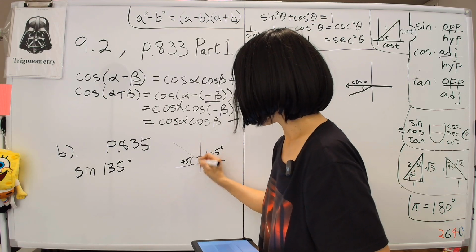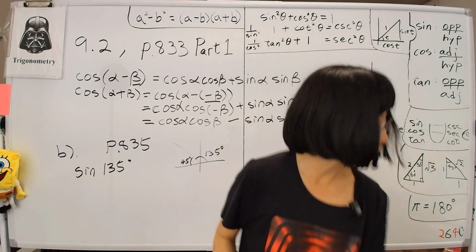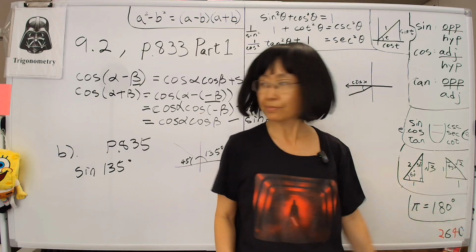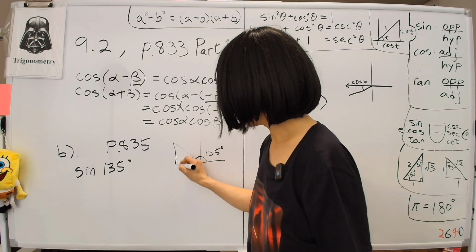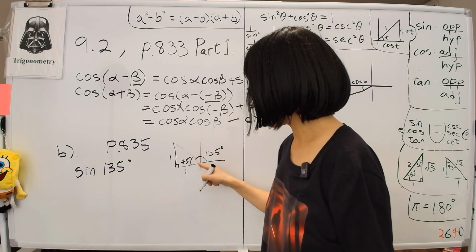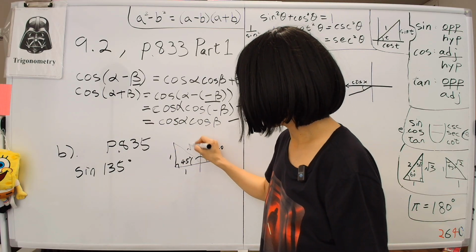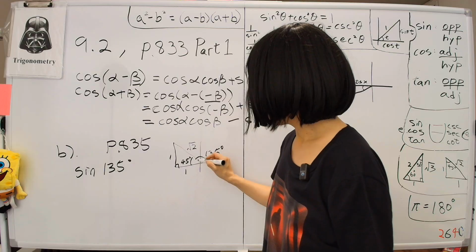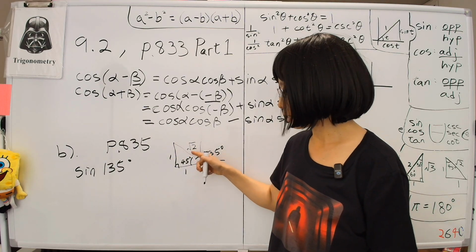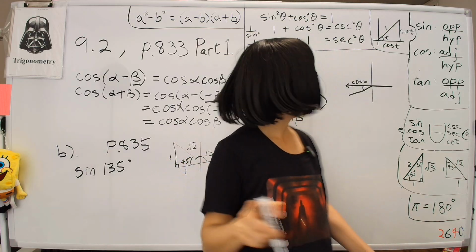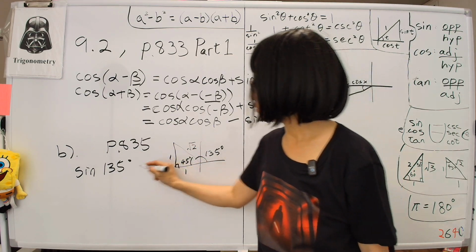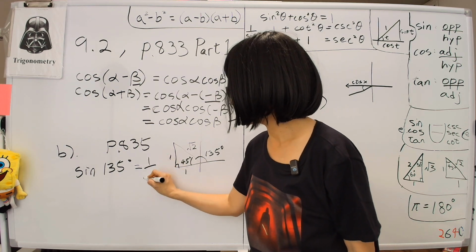The 45 degree angle from this triangle right here has the ratio of 1, 1, and square root of 2, which means the ratio right here, 1, 1, that's the 2 sides on the right angle, and then the slanted side is square root of 2, which means the sine of 135 is opposite divided by hypotenuse, which is equal to 1 over square root of 2.